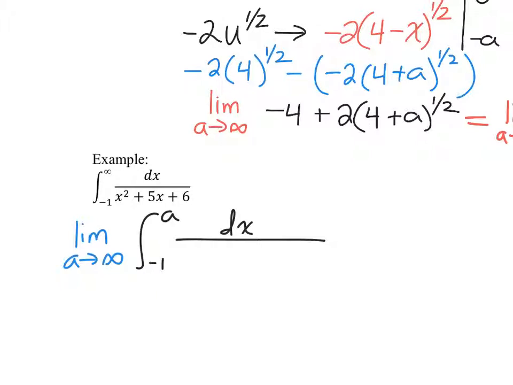It's factorable. Now, factorable is good news, because what that means is that this could conceivably be the sum of two fractions, one of which has a denominator of x plus 2 and the other x plus 3.